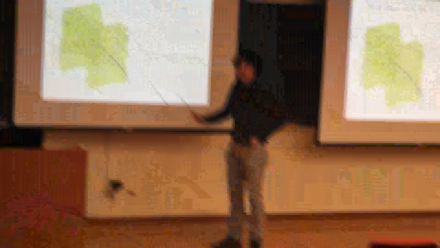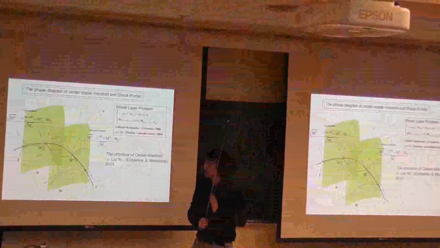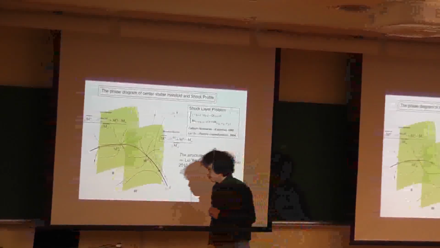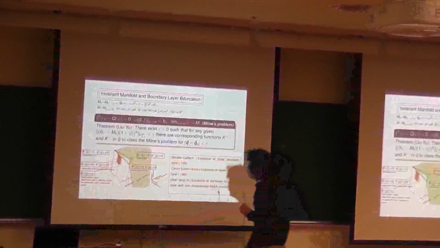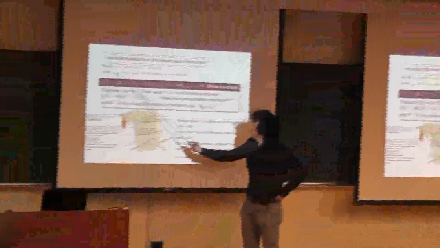We use this as a machinery to solve the boundary value problem. So the boundary value problem is to look at the minus problem with a given problem. So with this notion of the center stable manifold, you can define a function in terms of the far field of the Maxwellian.